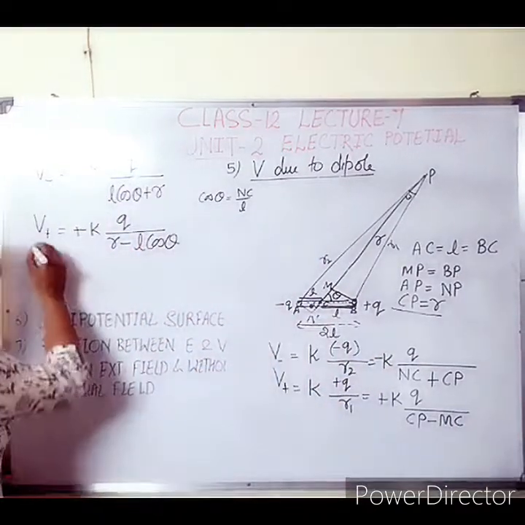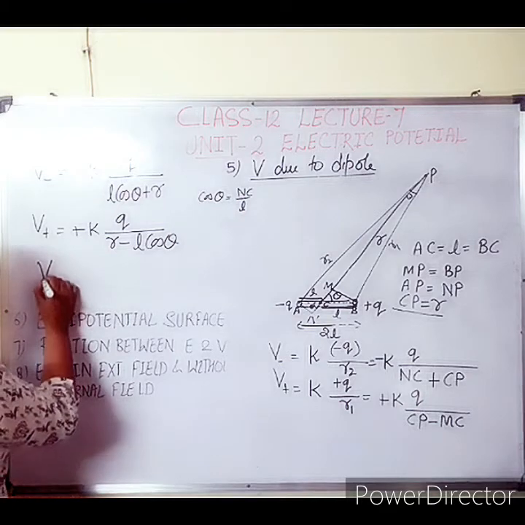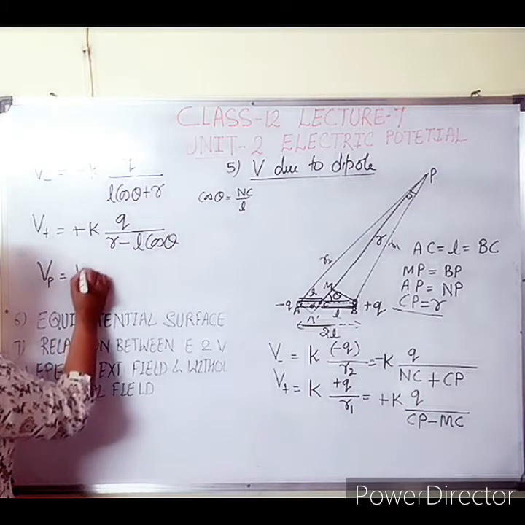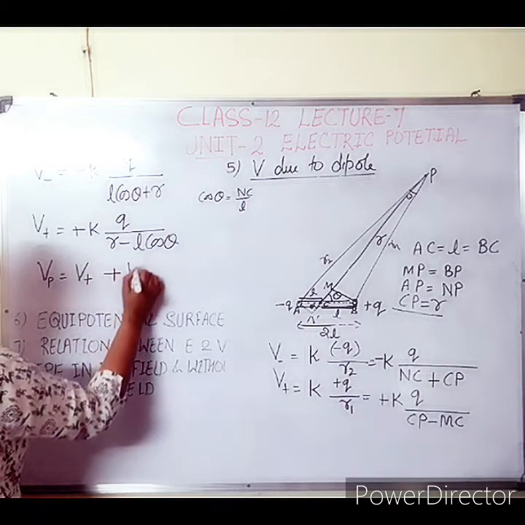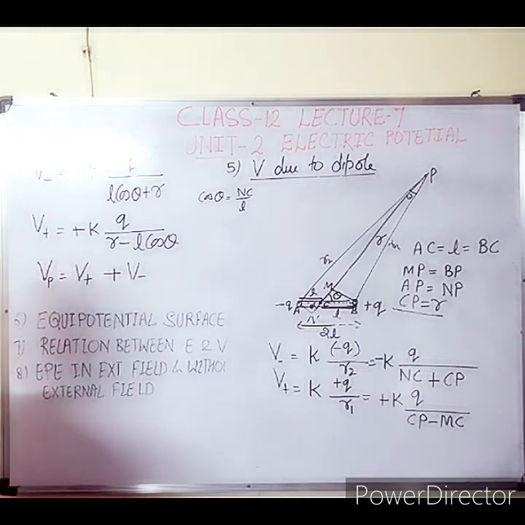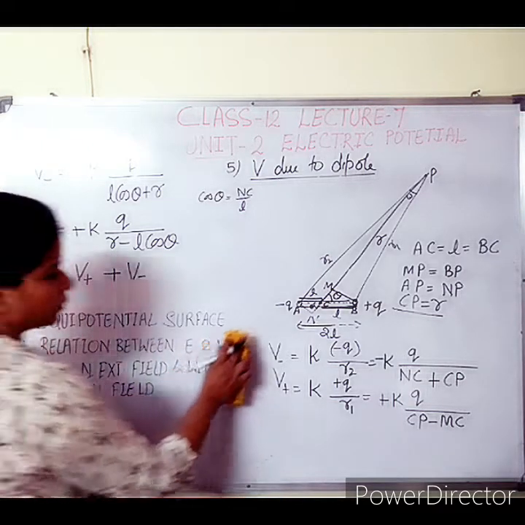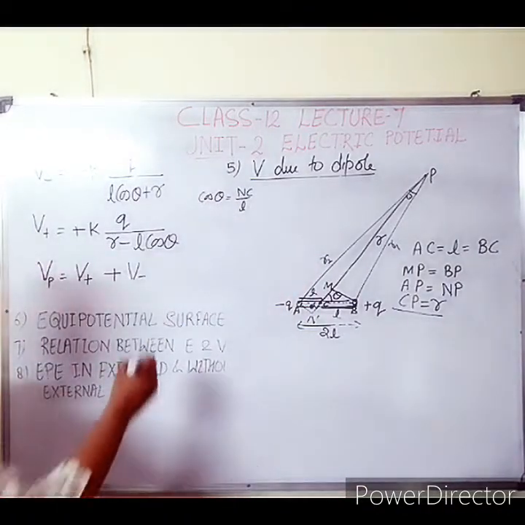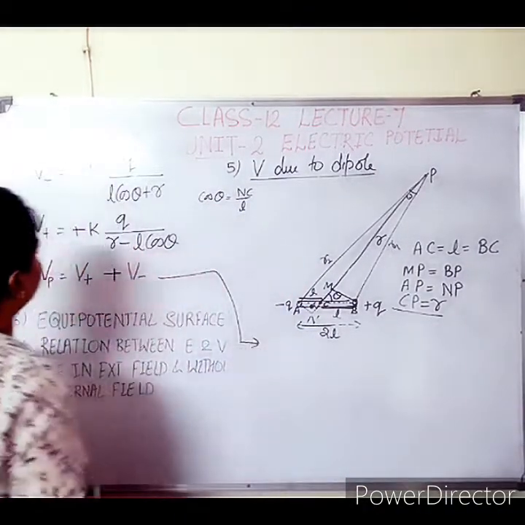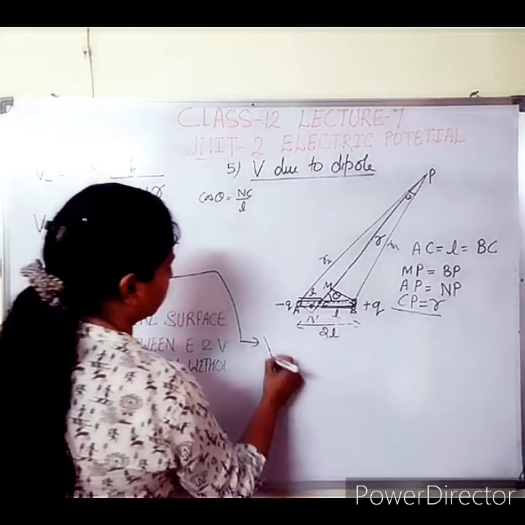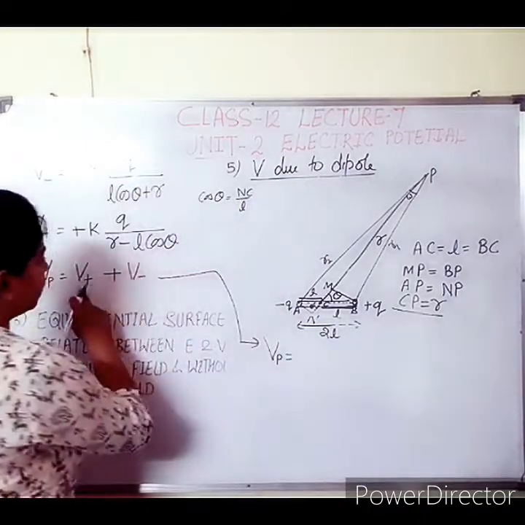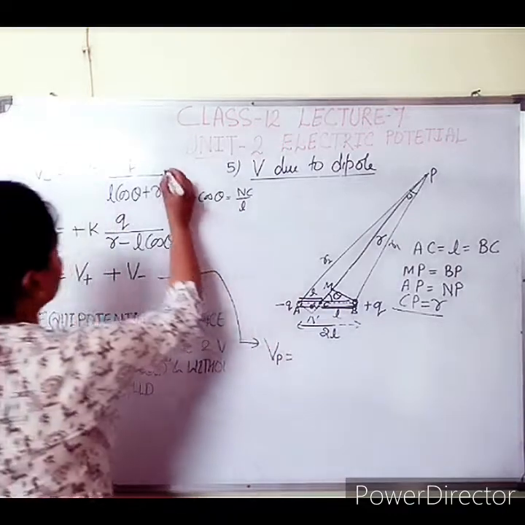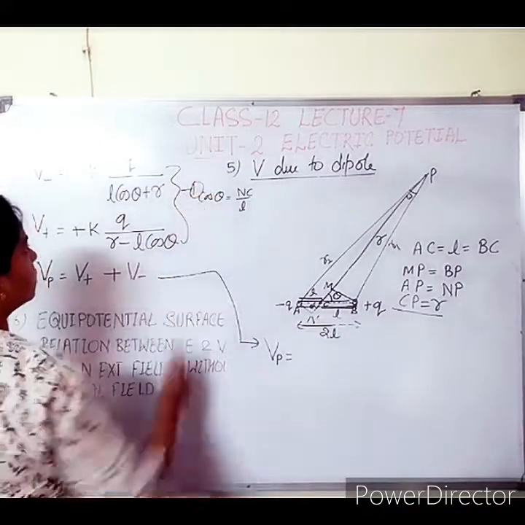Okay, leave it. So total potential at P point we are calculating. It should be V plus plus V minus. Okay. Now from here, I am doing in this side, Vp is equal to V plus value is, this is equation number 1.